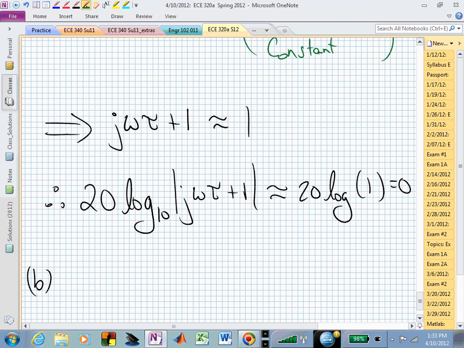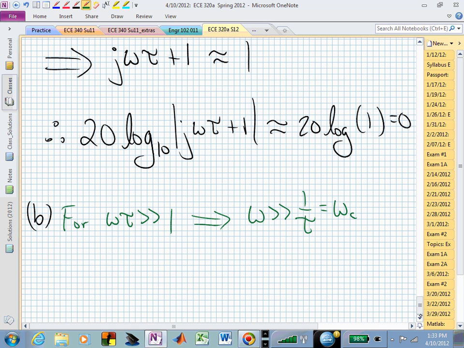Let's look at the other possibility. For omega tau much bigger than 1, now we are saying omega is much bigger than 1 over tau, which in the homework terminology is the cutoff frequency. This is now the break frequency of a pole or a zero.